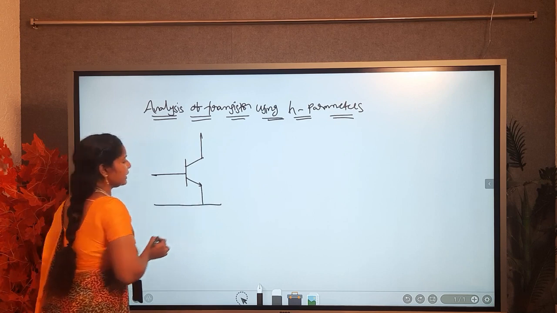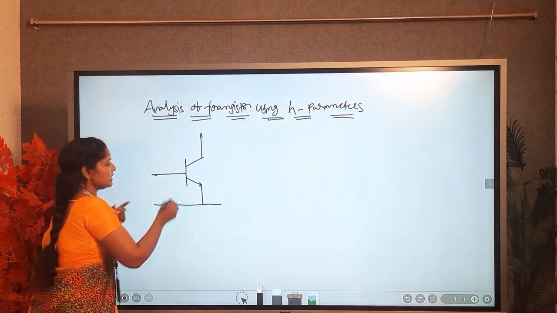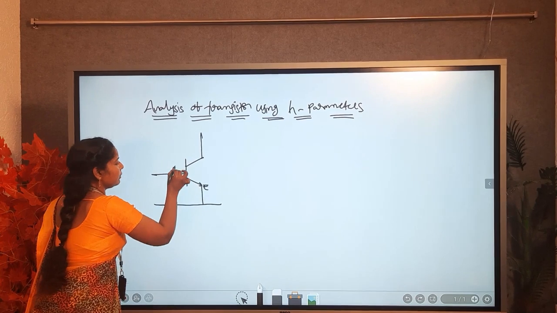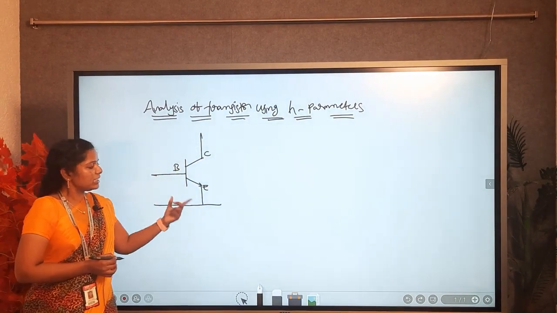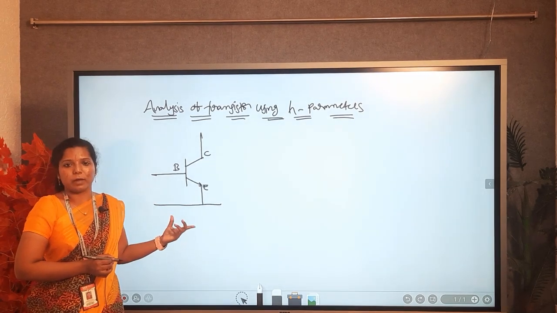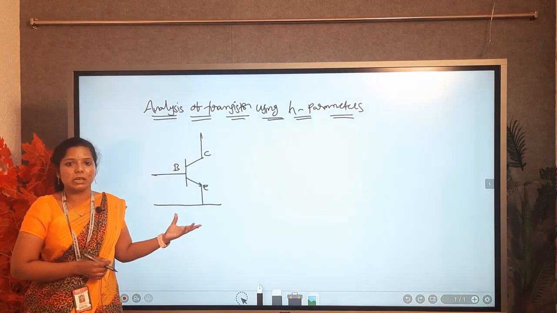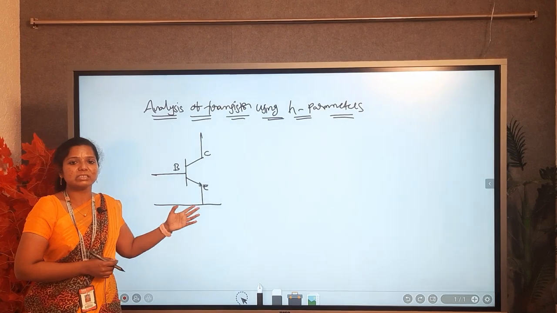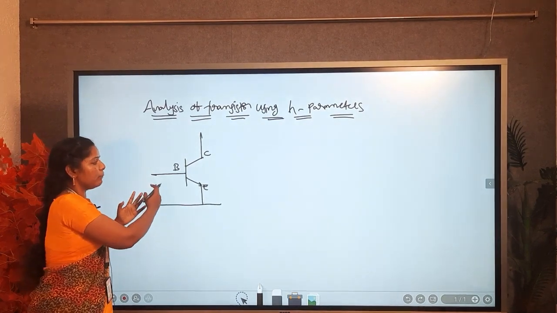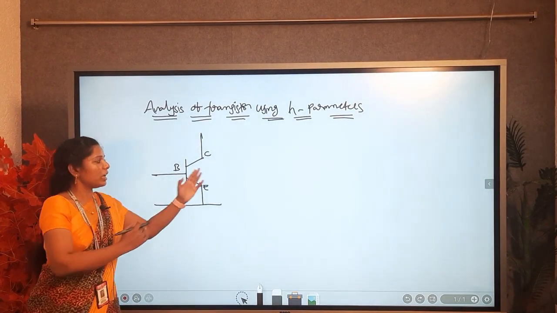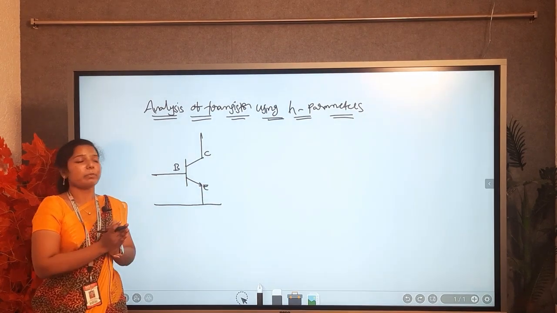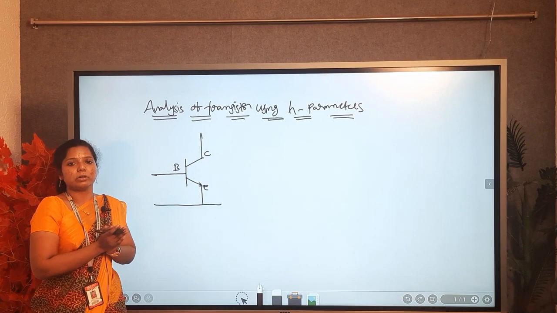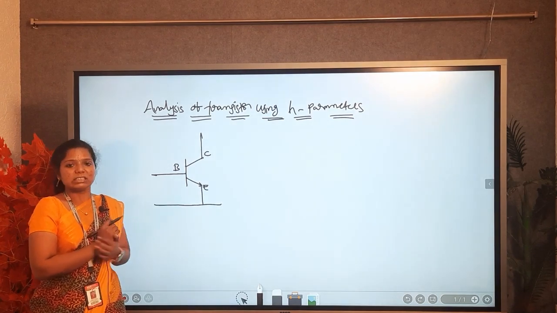This is a CE amplifier, with emitter, base, collector. Why is it called CE? The emitter terminal is common between the base terminal input and the collector terminal output. So the common emitter is taken between the input and output. That is called the CE.